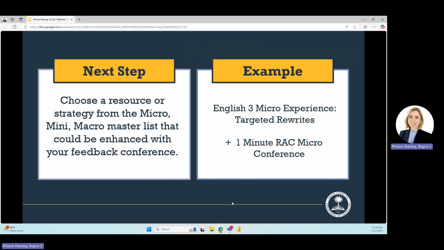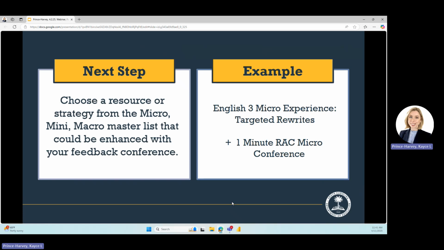So the way that we would do this is students would have 30 seconds to share their area for revision with the teacher. The teacher then has 30 seconds to add their feedback based on what the student shared. And then the student will close out by connecting the feedback to their next steps to revise their claim.